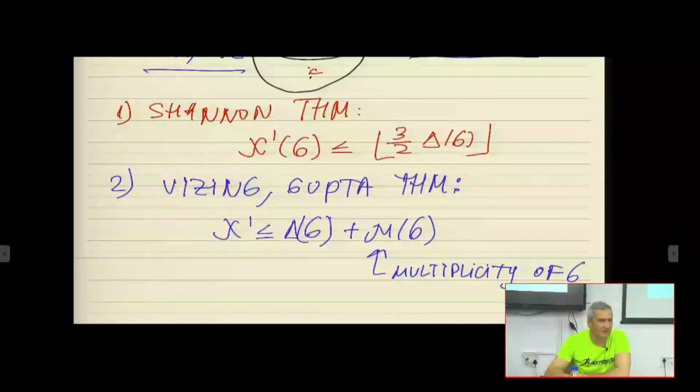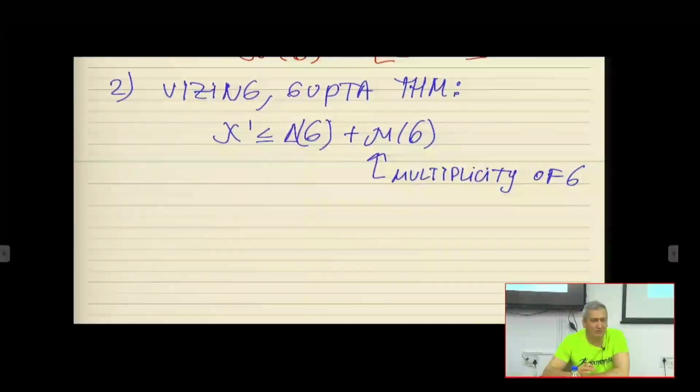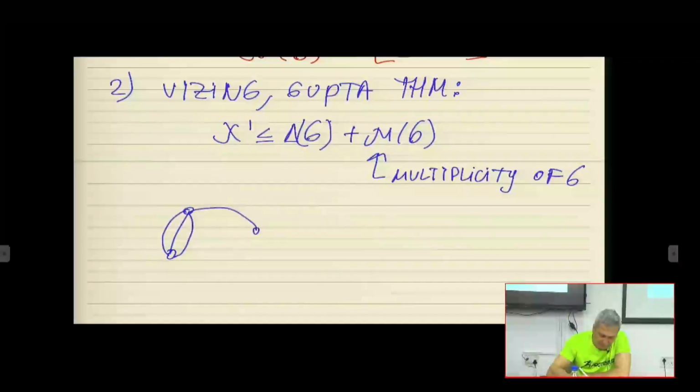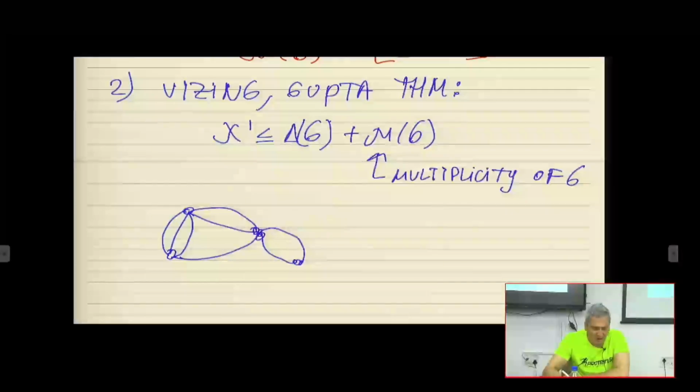Let me define it, okay? First, what is the multiplicity of a graph? Based on some example, we take a look at the edges and count the number of parallel edges. These are parallel edges. So we have here 2, here 1, here 2, and here 3.